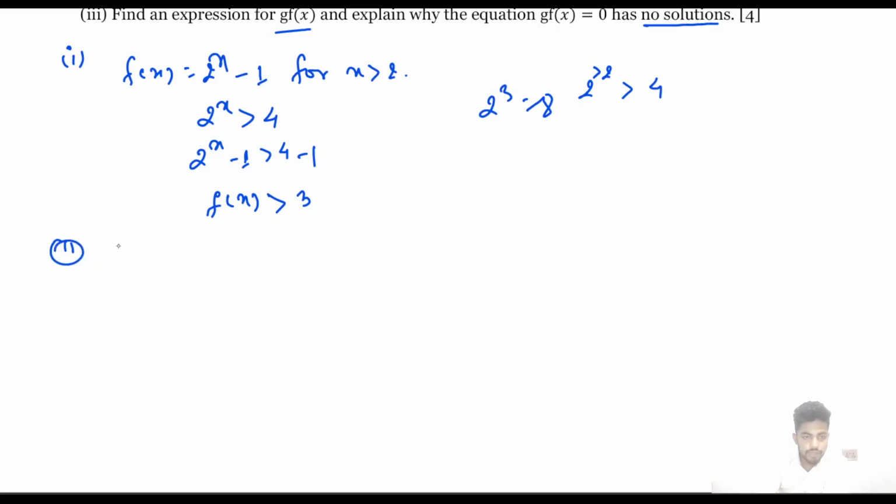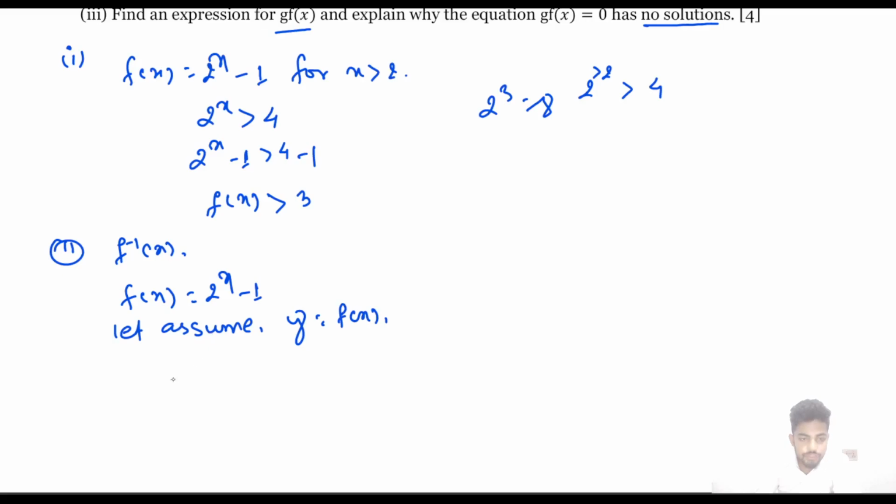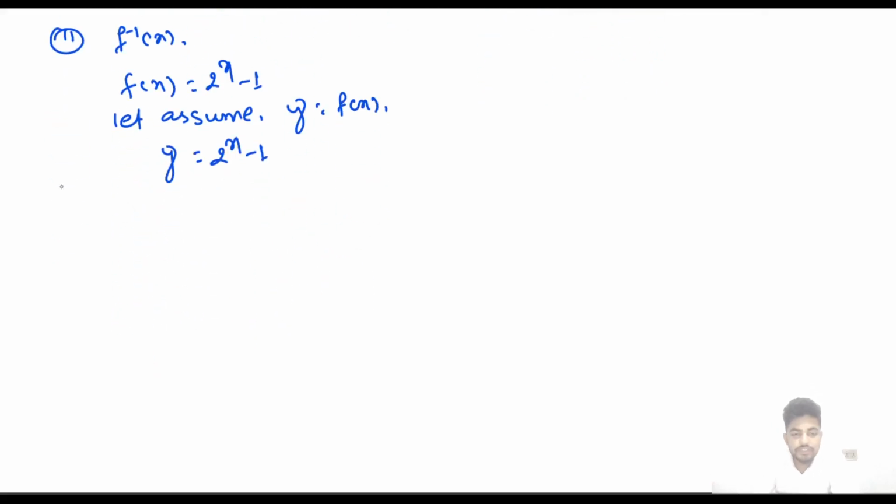To find f inverse of x, given f(x) is 2^x minus 1, let's assume y is equal to f(x). So in the place of f(x) we can write y equal to 2^x minus 1. We need to make x the subject to find the inverse.